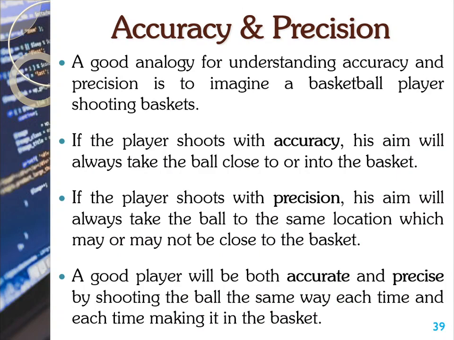Now, you should know that throughout this lecture material, the term error will be used to represent both accuracy and precision, but you should know the difference between these two. In terms of this lecture material, we are going to use the term error to generalize precision and accuracy.